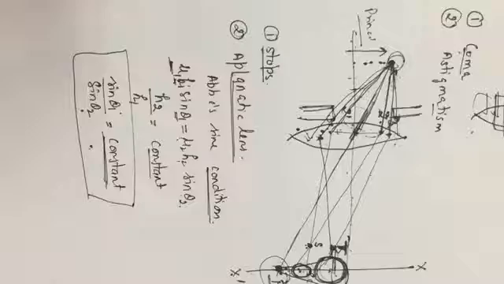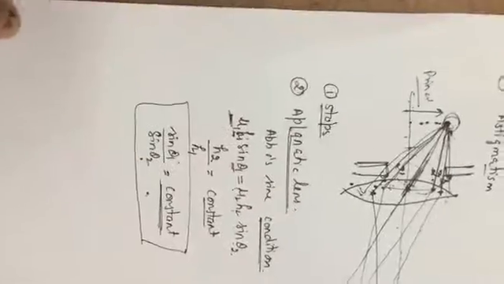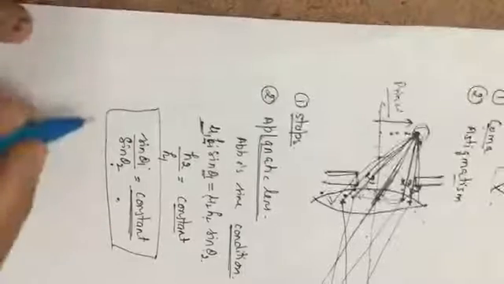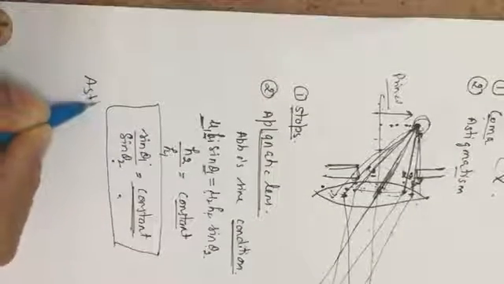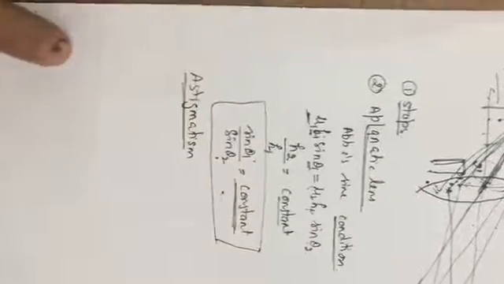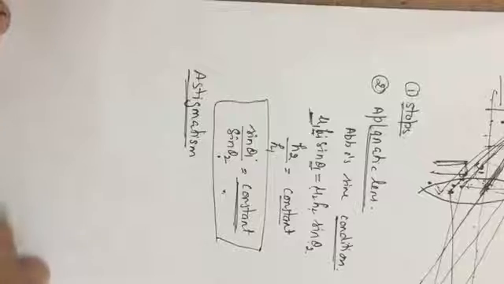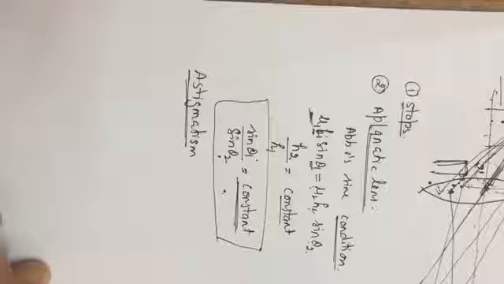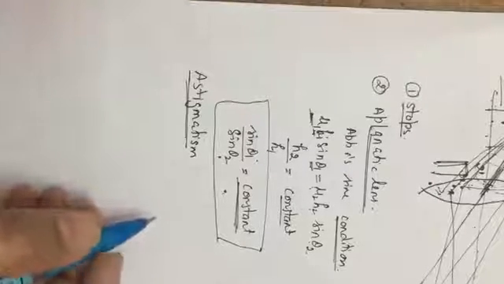The second type of aberration which we are going to discuss here is astigmatism. In case of astigmatism, like coma aberration, the object is far away from the principal axis.